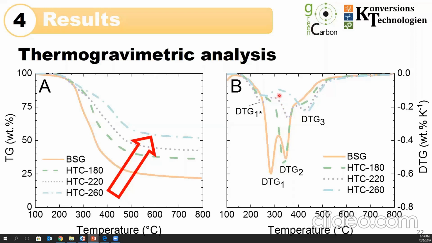And the highest temperature of 260 leads to full decomposition of cellulose and the appearance of a peak here, which can be related to the hydrochar structure, as well as the composition of more stable polymer parts of the hydrochar.